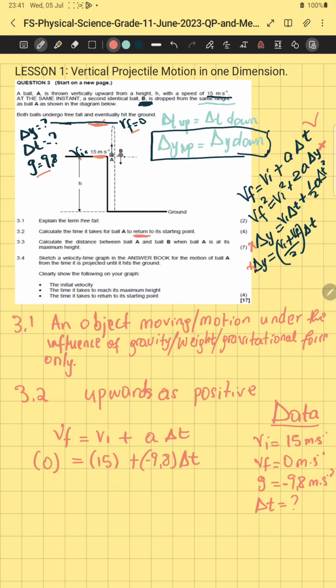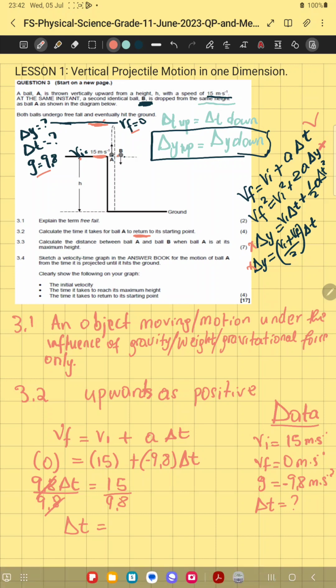It is negative, so when we transpose it, we change the sign and it becomes positive 9.8 delta t, and on the other side we drop 15. Then we divide both sides by 9.8, so this will cancel, therefore delta t must be equal to 15 over 9.8, which we need to work out.